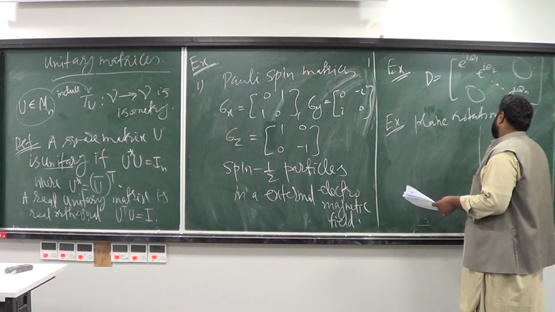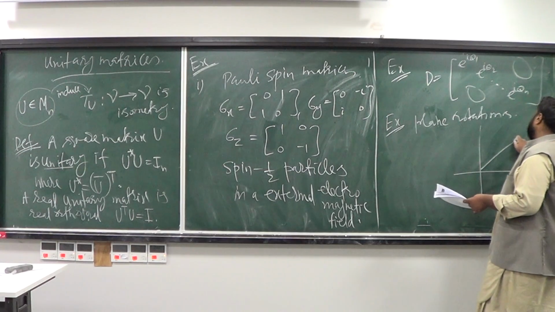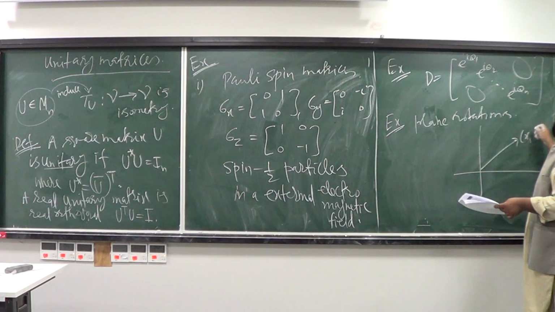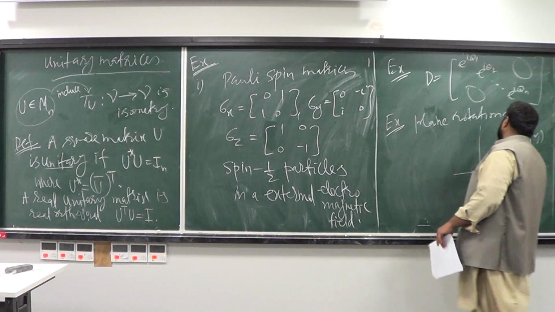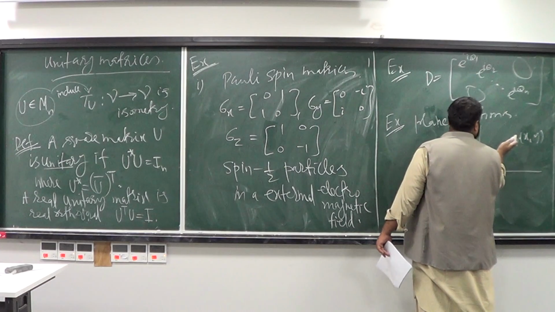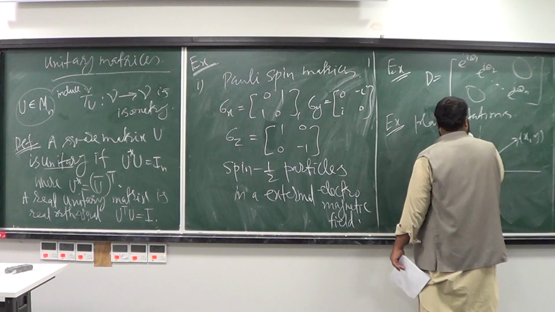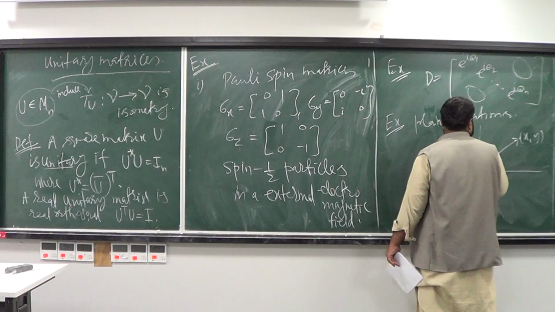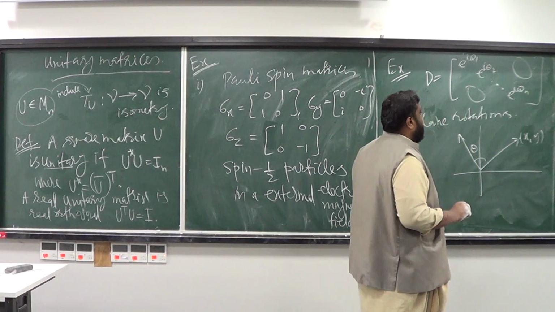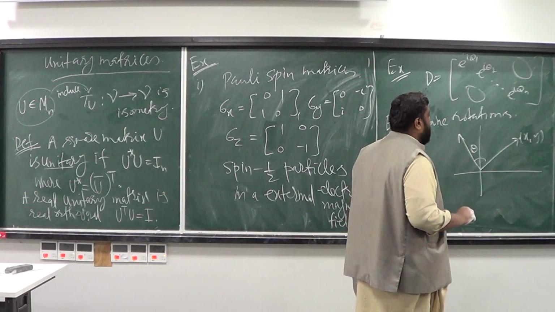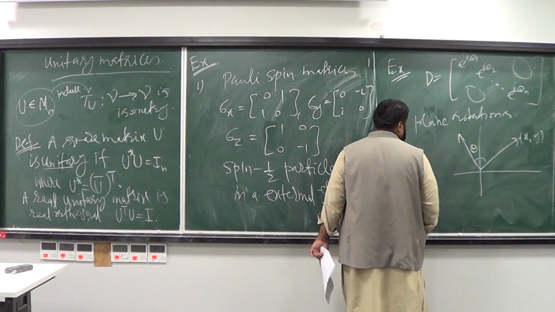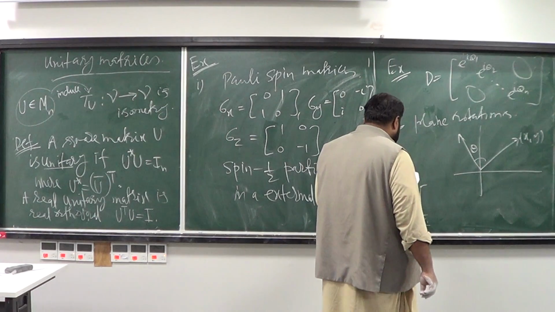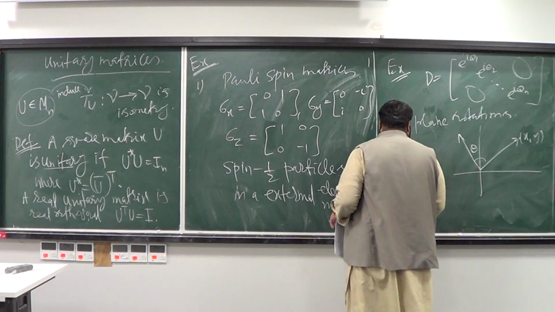For example, if I have a position vector of a point x y, and you want to rotate this vector by some angle theta, then you can multiply it by this matrix, which is usually called the rotation matrix.